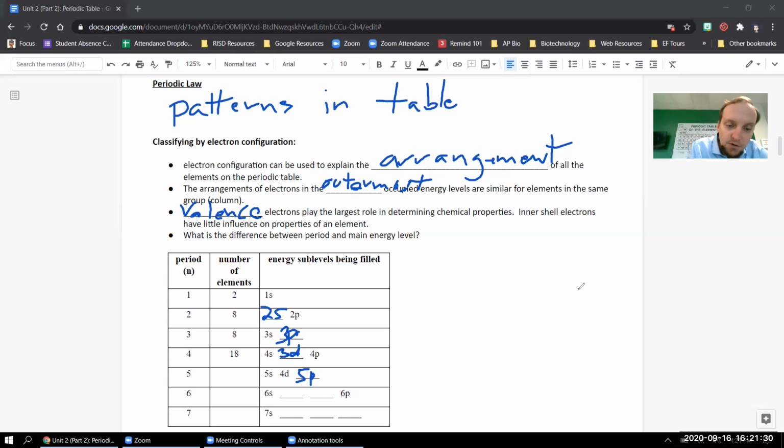So from 6s, you go down to the 4f, and then your 5d, and then back to your 6p. Finally, period 7 is very similar to period 6. You're going to go to your 5f, then your 6d, finally your 7p. All right, so that's the electron arrangement within each of the periods of the periodic table.